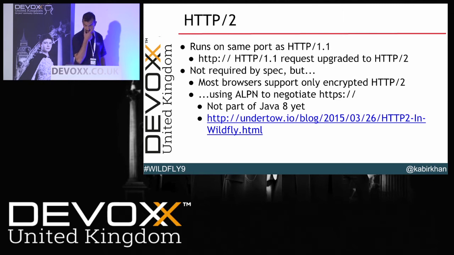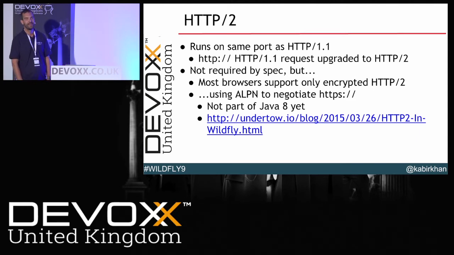The stuff that the browsers and the server use to negotiate HTTP2 over HTTPS is something called the application layer protocol negotiation. And this, unfortunately, is not part of Java 8 yet. So out of the box, you can't really use HTTP2.